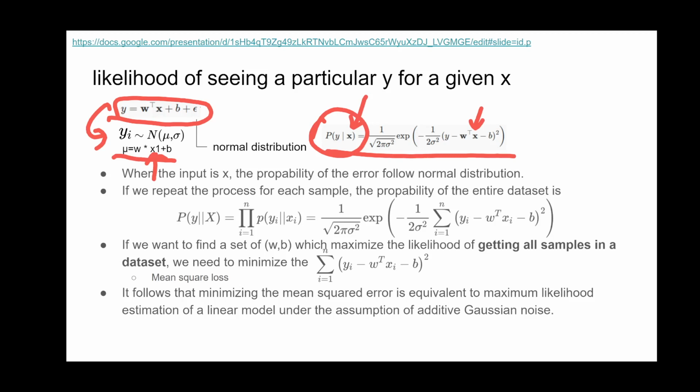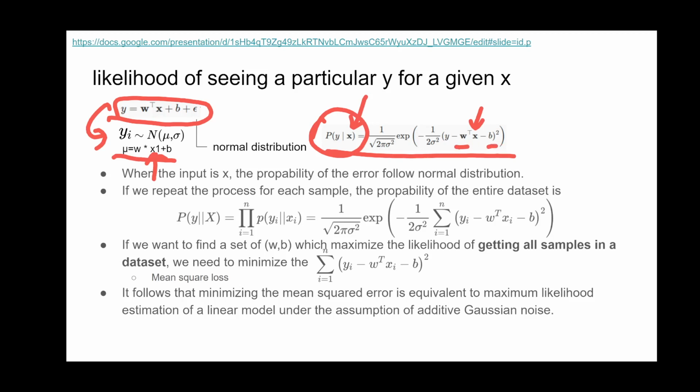For example, if we know the size of the house and the age of the house, we know the distribution of the price of the house by using the normal distribution. The only thing we need to decide is just the w and the b here.